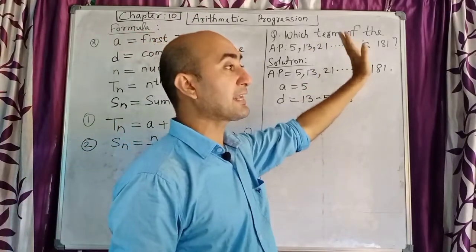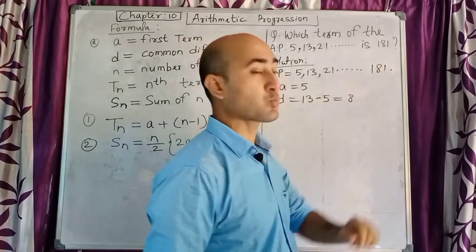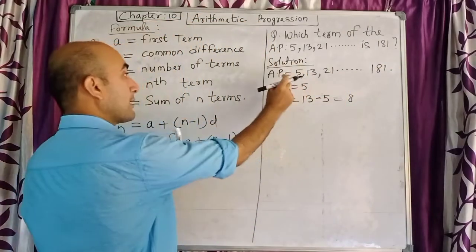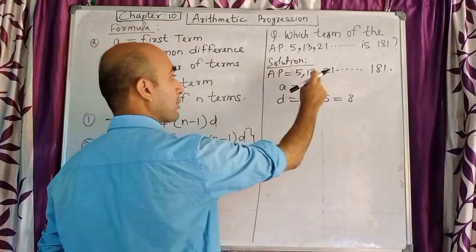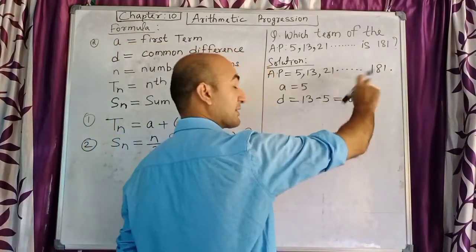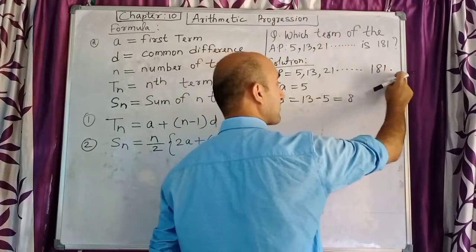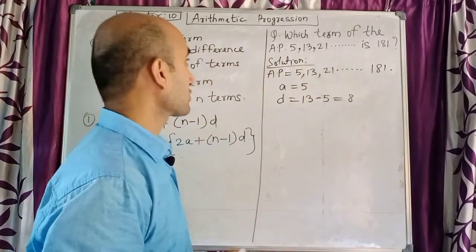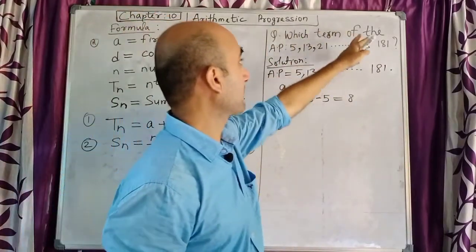It keeps on adding, and the last number is 181. So my solution: my AP is 5, 13, 21, next comes 29, next comes 37, and that way the last number is 181.